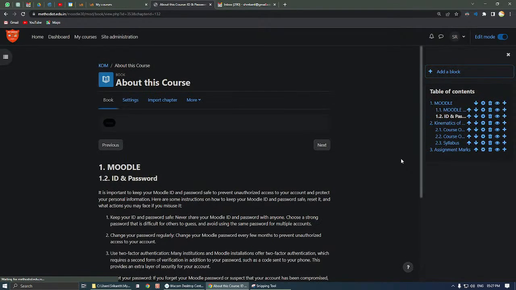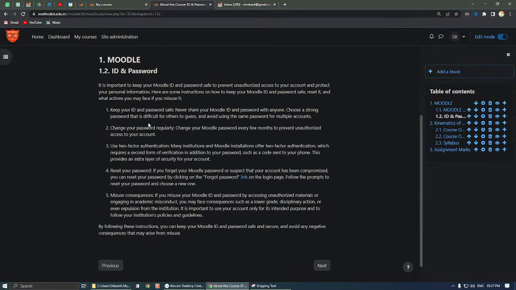Here are some instructions to the students about maintaining their IDs and passwords, how they're supposed to maintain them. Of course, there are some warnings about misuse consequences if they share the password and ID with other people and make other people do this.